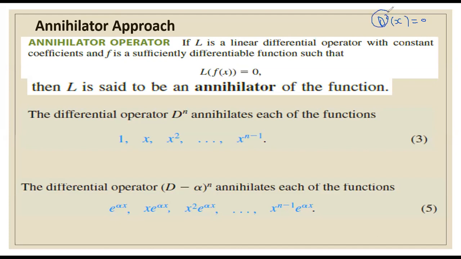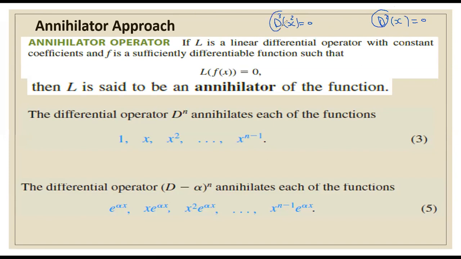D squared is a differential operator. Let me ask you another question. If you have x squared and you differentiate it to get 0, how many times? 3 times. You need to differentiate it 3 times to get 0.